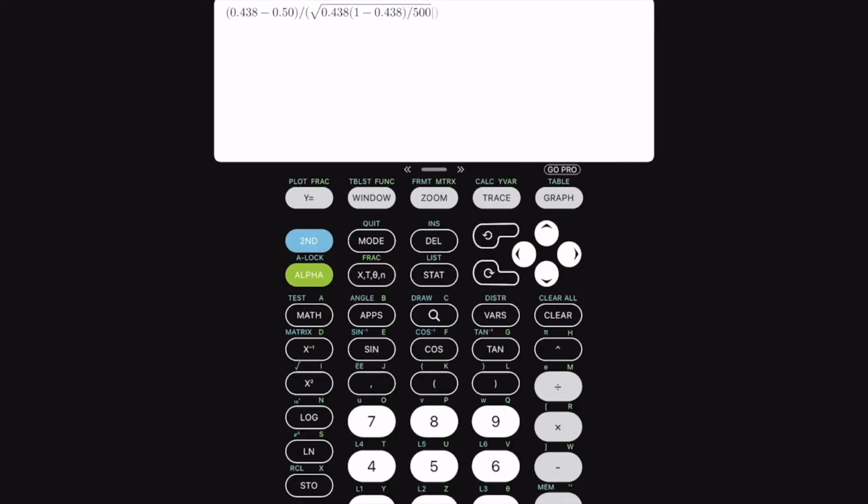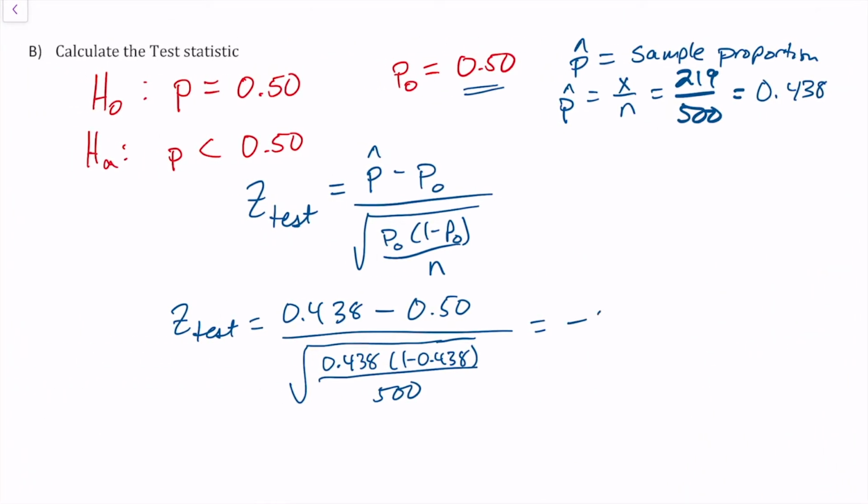Now we can close our parentheses and calculate. And there we go. To 3 decimal places, we get a negative 2.794. So that is our test statistic.